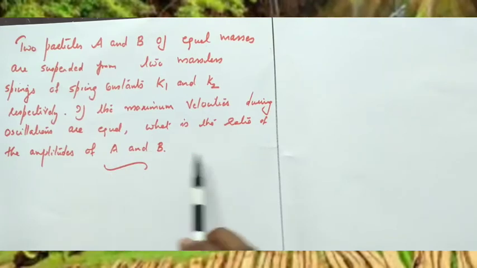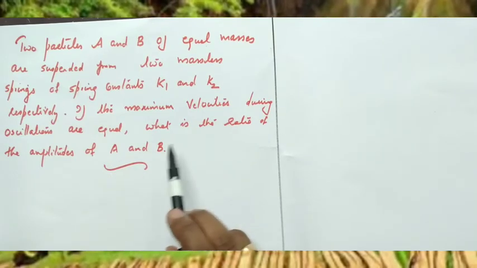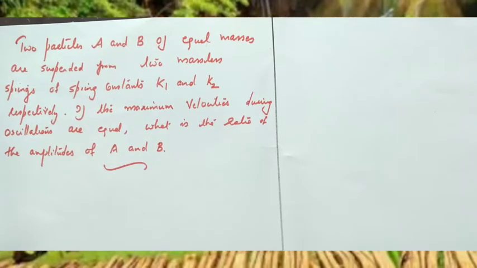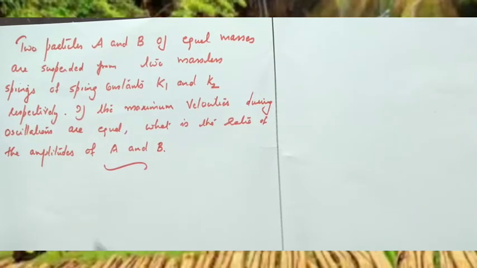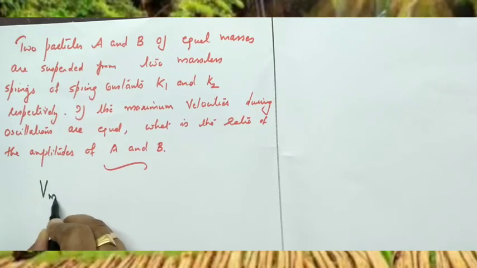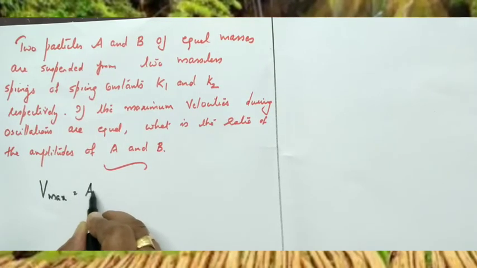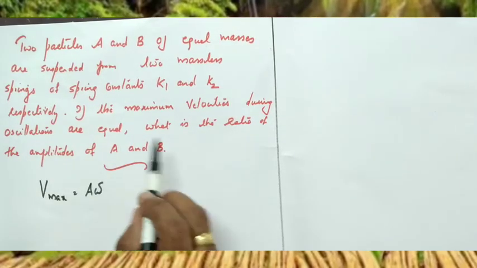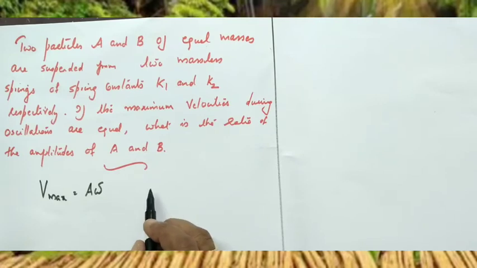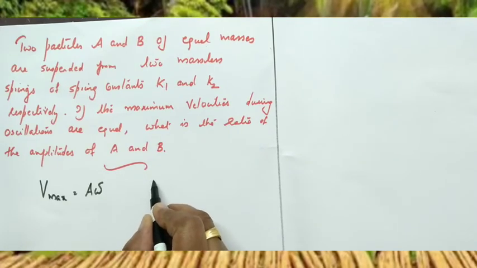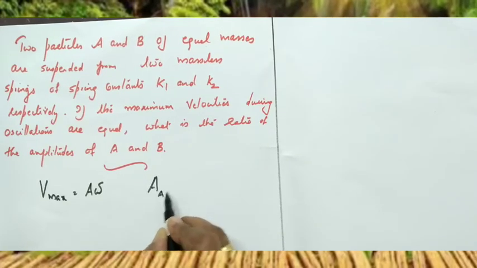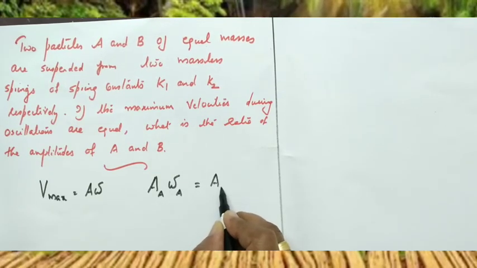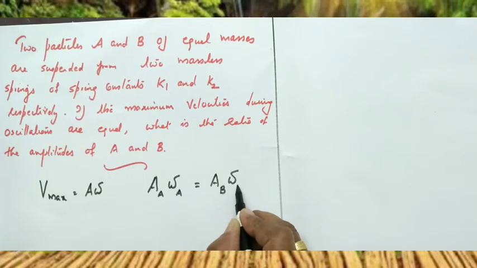We have to find the ratio of amplitudes of A and B. We know the formula for maximum velocity is A omega.